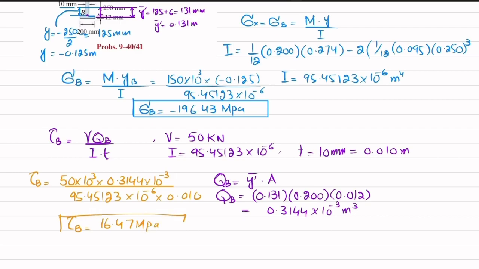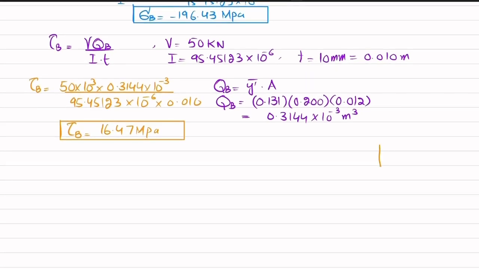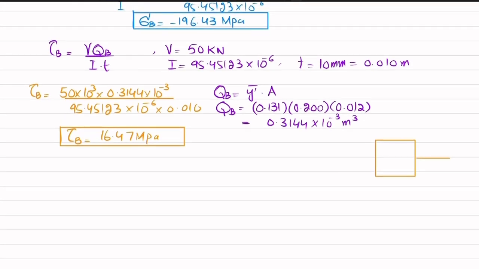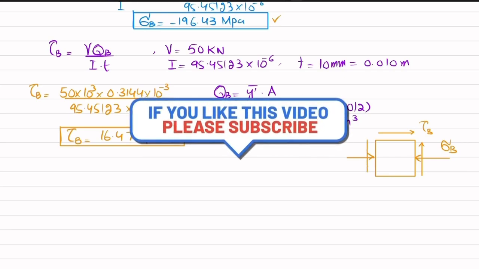Okay. Now, if we draw the state of stress at point B, let this be the state of stress. This is the element. In x direction you will have sigma B, which is negative, so it will be compressive. This is sigma B, which is minus 196.43, and you will have a shear stress which is 16.47, so it will be like this. This is shearing stress at point B. Similarly, over this face it will be downward.